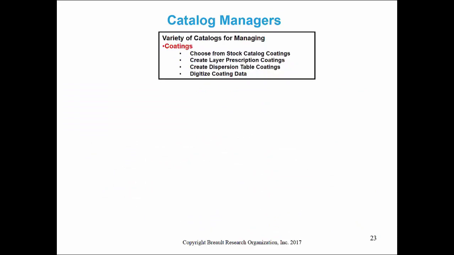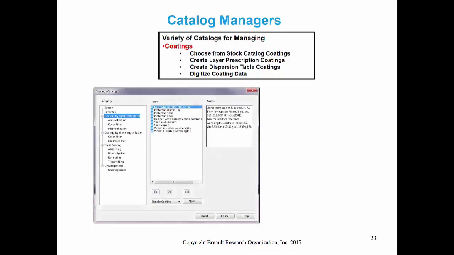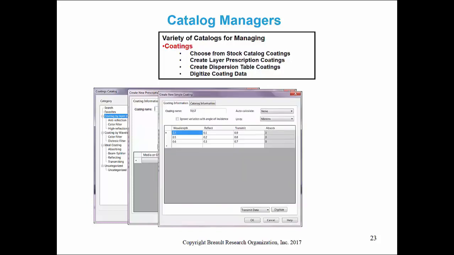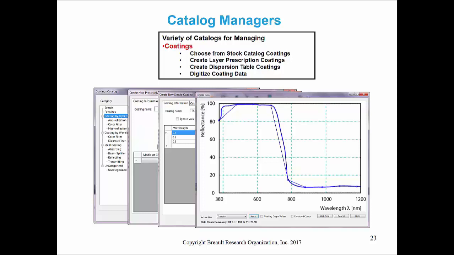The coatings catalog allows you to choose from or create a wide variety of coating materials. Choose predefined coatings from the catalog, create coatings through prescriptive data, create coatings through tabular data, or create coatings through ASAP's digitizer.